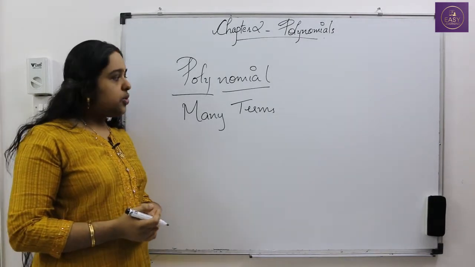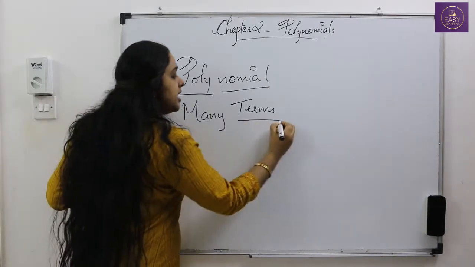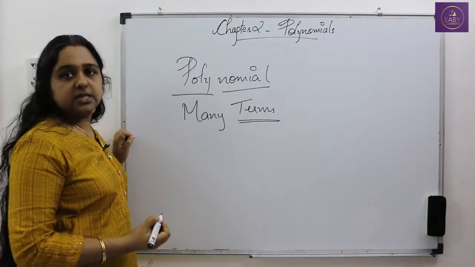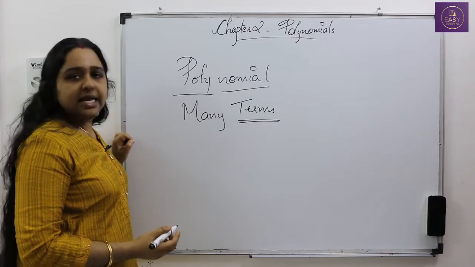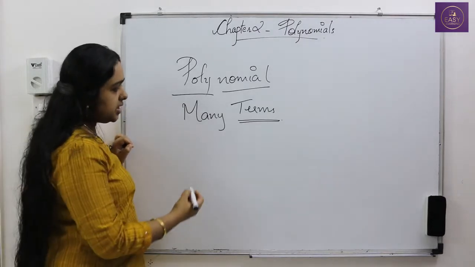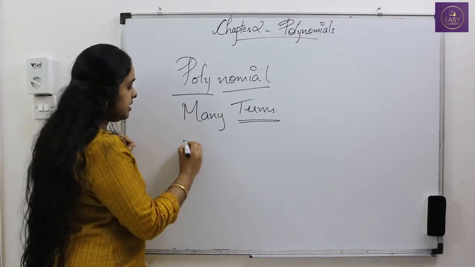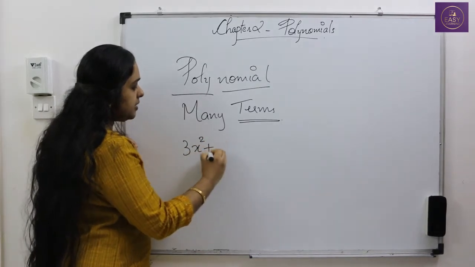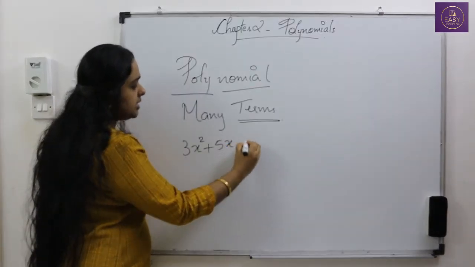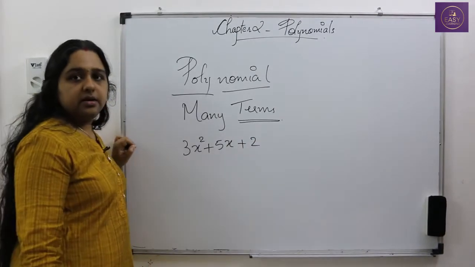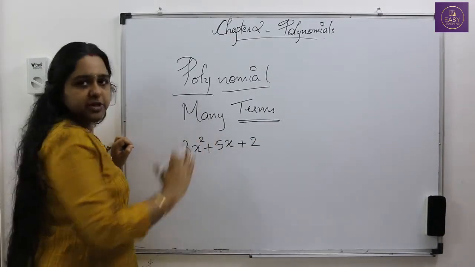Okay, so we need to understand what terms are. I'll give you an example. Suppose we have the expression 3x square plus 5x plus 2. This is an algebraic expression.